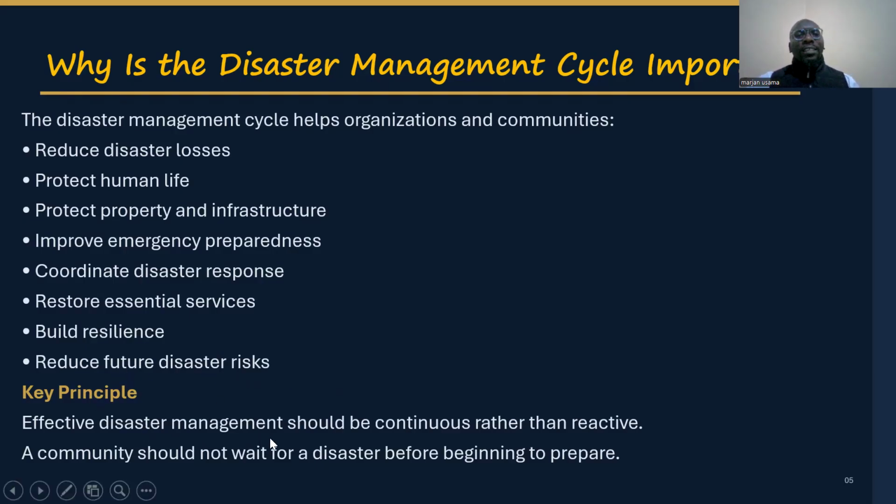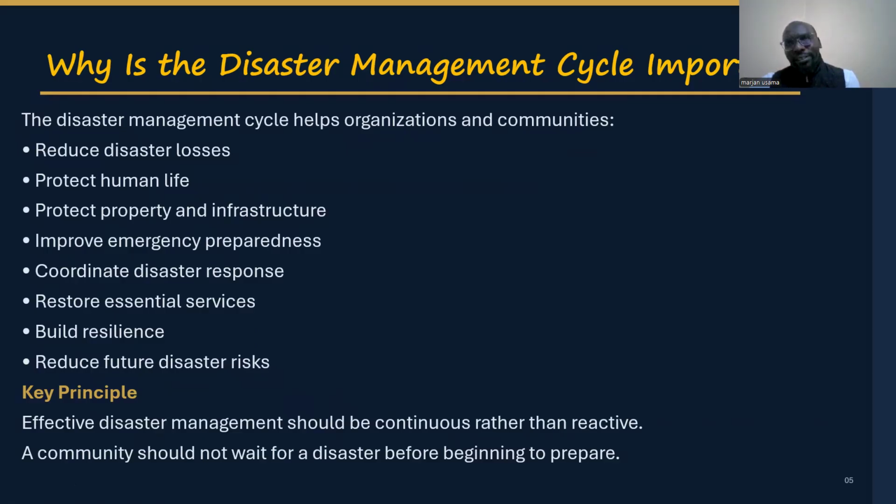So effective disaster management should be continuous rather than reactive. And this is what we've been saying. We should not wait for the disaster, but we should be proactive. Even before the disaster, we need to have a plan. We need to know what is going to happen. And if we do that, then we are going to minimize the loss of human life, the loss of property and infrastructure.